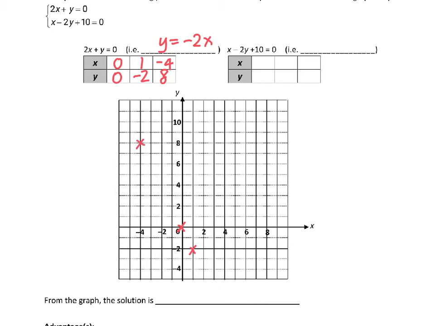So now I can put the points. Once again, you should have a ruler for drawing this one. Remember to label it. This one is 2x plus y equals to 0.